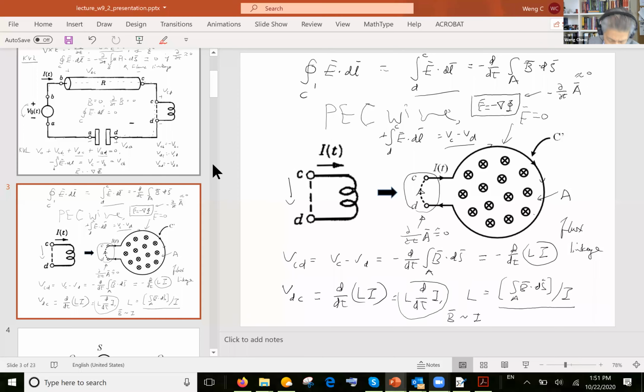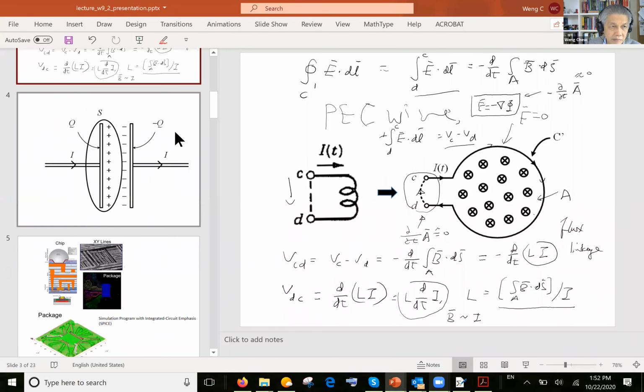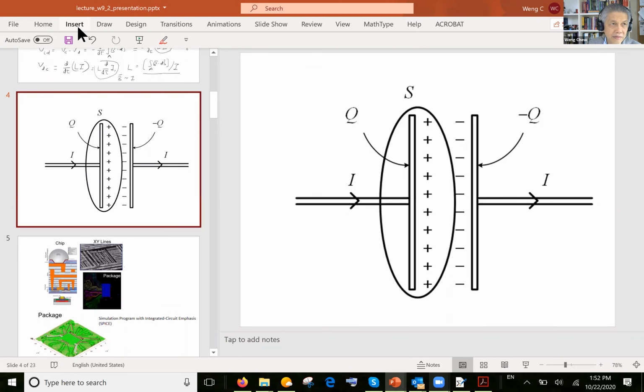So if we put that in, then we have another piece that we need to change here, which is that VDC can be replaced by this number over here. And let's look at the capacitor. What happens to the capacitor term? If I were to look at the capacitor term, it's going to be something like this.